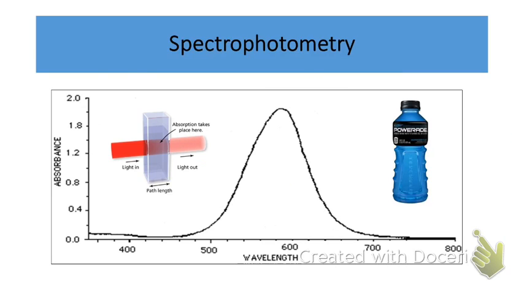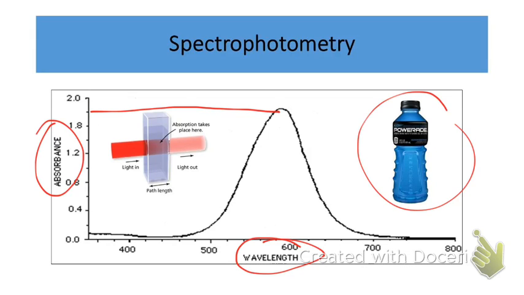We can see this with a graph here, looking at absorption versus wavelength. You can see that the maximum absorption of light for Blue 1 is right here at 630 nanometers.